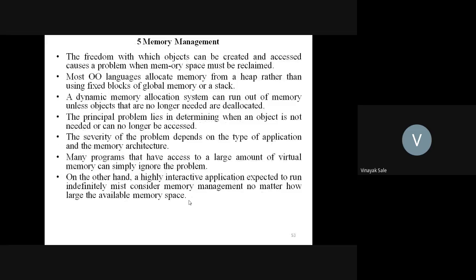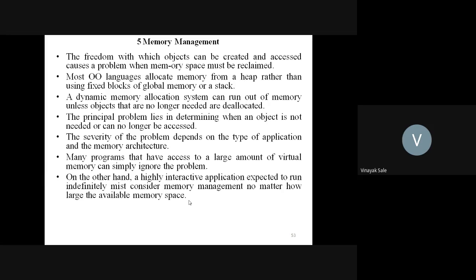Then fifth is memory management. The freedom with which objects can be created and accessed causes a problem when memory space must be reclaimed. Most object-oriented languages allocate memory from the heap rather than using fixed blocks of global memory or a stack.